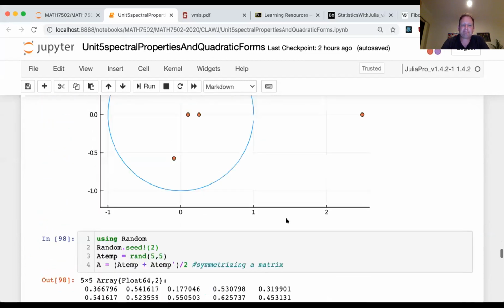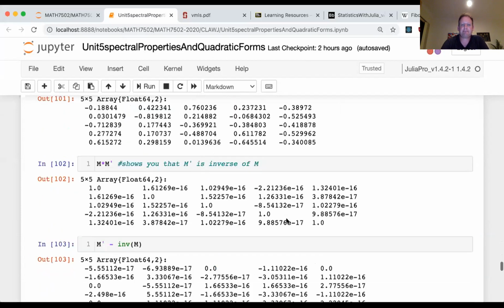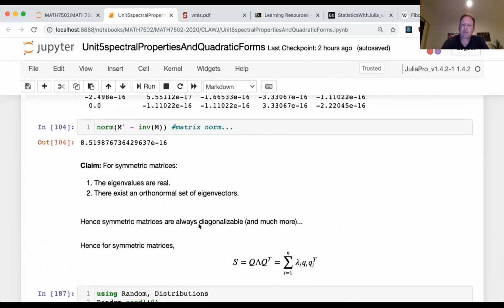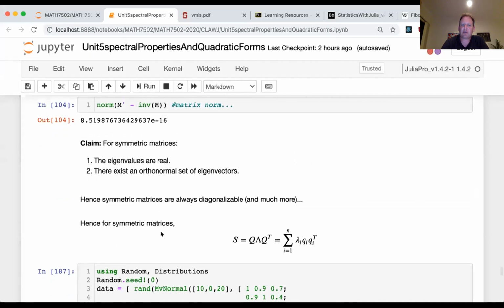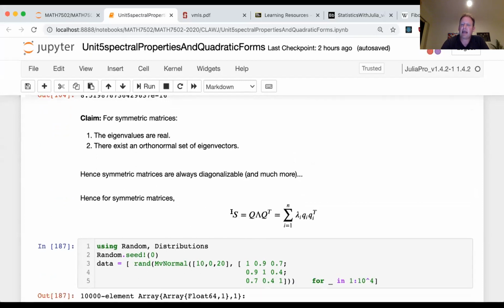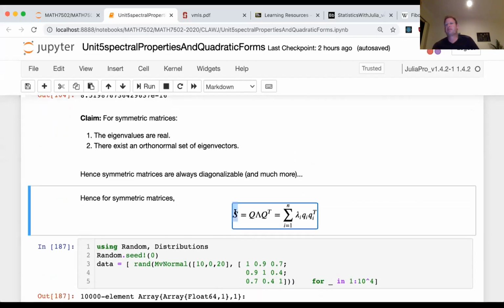Let's see this. Symmetric matrices are always diagonalizable. Symmetric matrices are commonly represented by S, not necessarily, but it's common. So S is a symmetric matrix. Instead of the M, you'll write a Q, and this was the A tilde of lambda, and that's Q transposed. Now this is big.